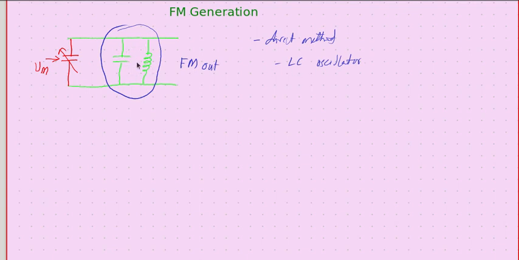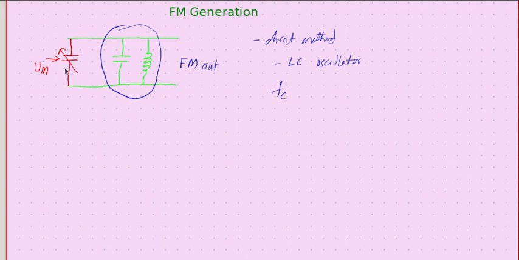Under normal condition, this tank circuit will produce some frequency called Fc, and to this, if we add another device that has a variable capacitance, whose capacitance can be made under control of a voltage, that means we have a voltage controlled capacitor.